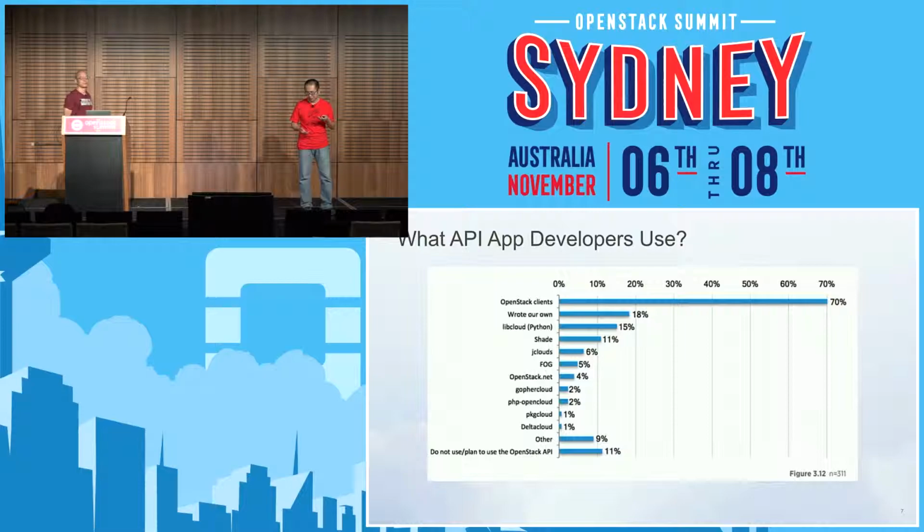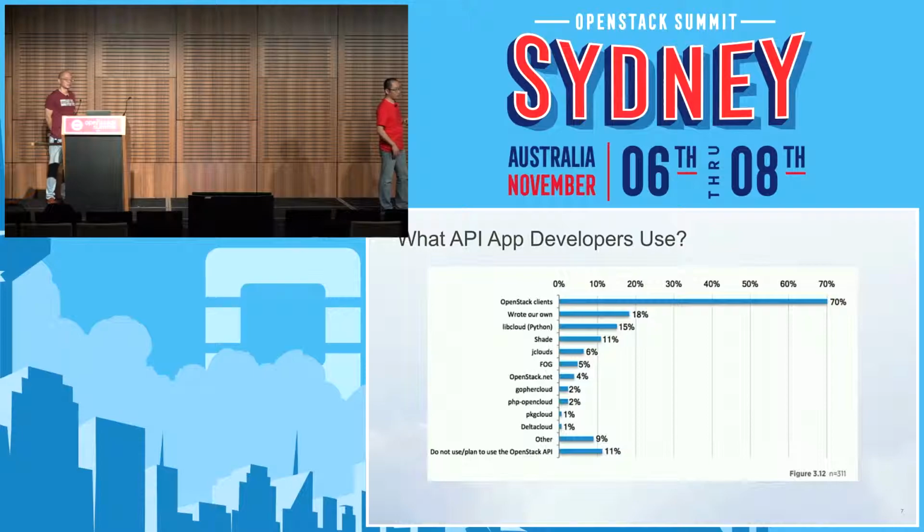For example, the top two popular SDK platforms are for Python programming: one is LibCloud, another is Shade. Then there's jclouds, a Java SDK platform.